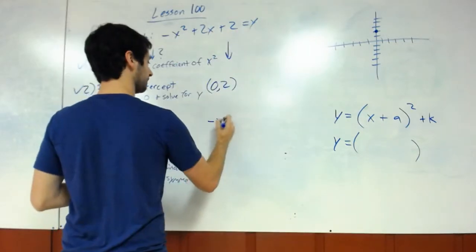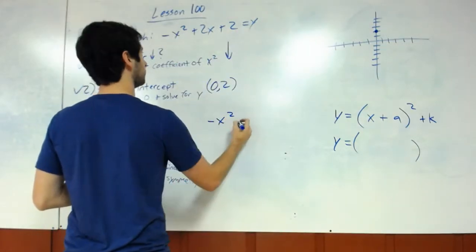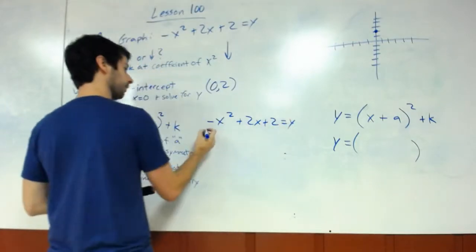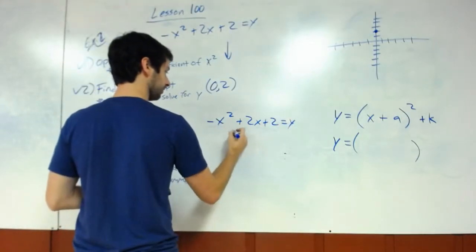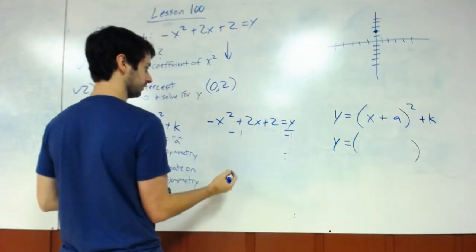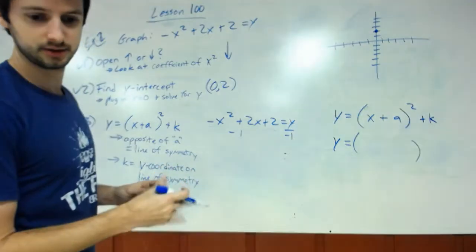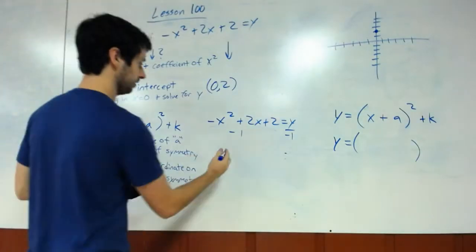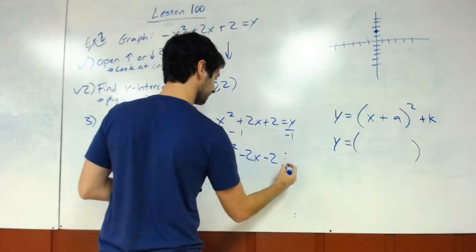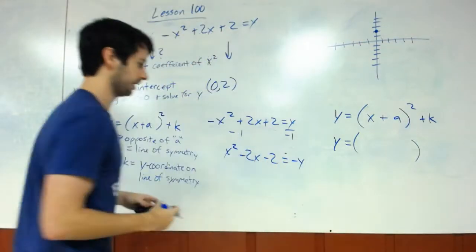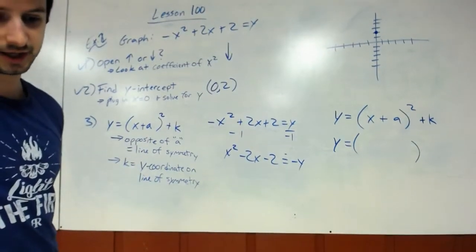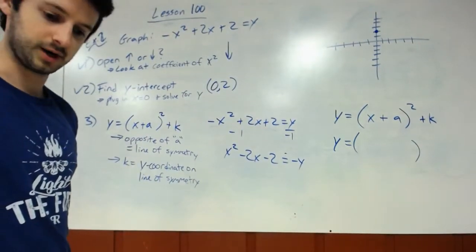Negative x squared plus 2x plus 2 equals y. We want to divide everything by negative 1. So that's going to get positive x squared minus 2x minus 2 equals a negative y. So we basically have just moved the negative sign all the way to the y.